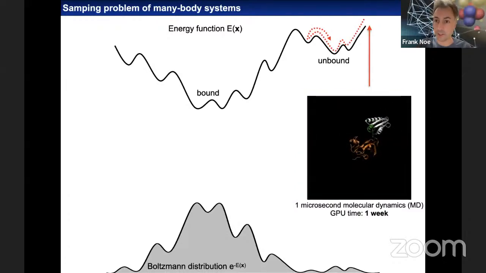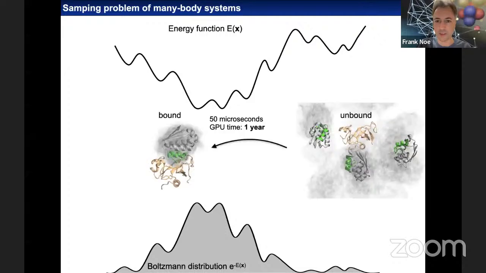Doing simulations for this takes perhaps about a week or a few days on a GPU to get 1 microsecond of simulation time. But a typical binding event is on the order of 50 microseconds on average in the simulation system, which is about a computing year. And a dissociation event would typically take something like 1 million GPU years, which is clearly infeasible even if you have many GPUs and you can somehow parallelize the problem.